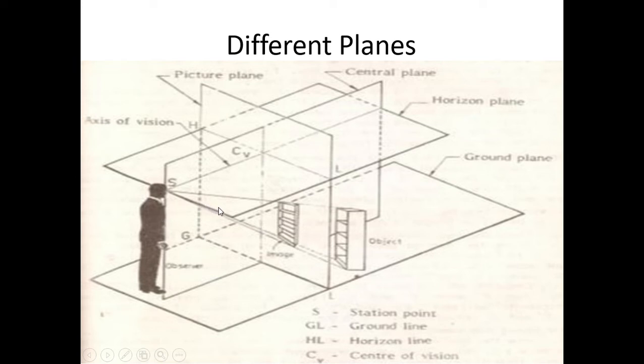Most probably the object will be placed on the other side of the picture plane, and the rays of vision from the observer's eye, that is from the station point, touch the object. They pierce the picture plane here, and this is the image.